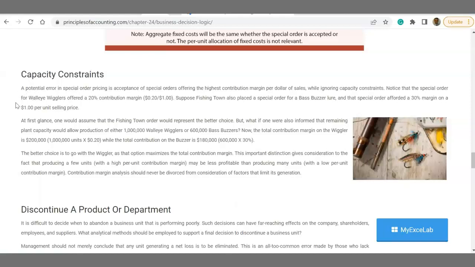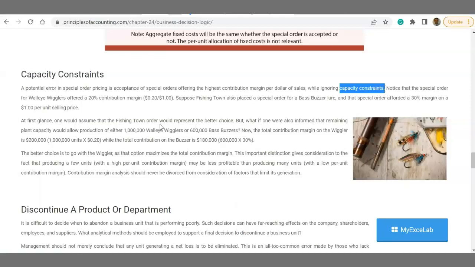So let's read this to see what's going on. A potential error in special order pricing is acceptance of the special order offering the highest contribution margin per dollar of sales while ignoring capacity constraint. Capacity constraint means you have, let's say, an equipment or a machine that has some capacity constraint, and you cannot produce more than that amount.